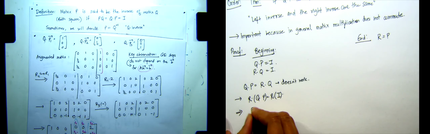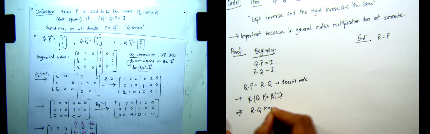What does this imply? I have R times Q times P is equal to R. But now, what do I know about R times Q? It's the identity, right?